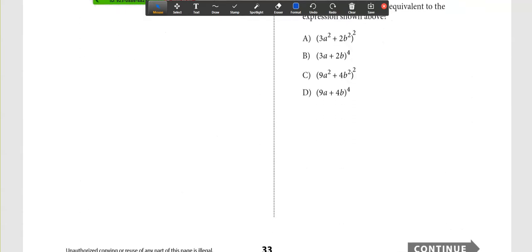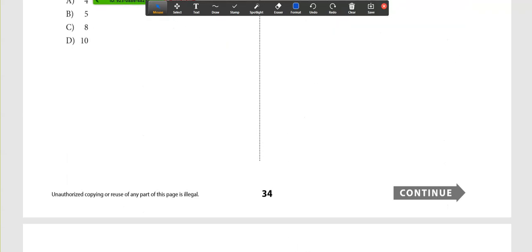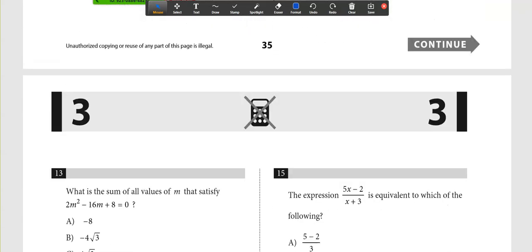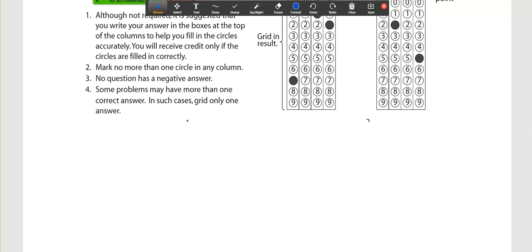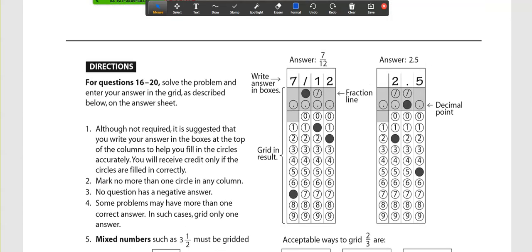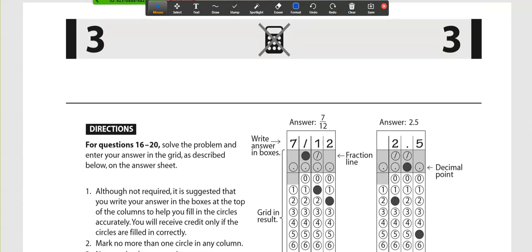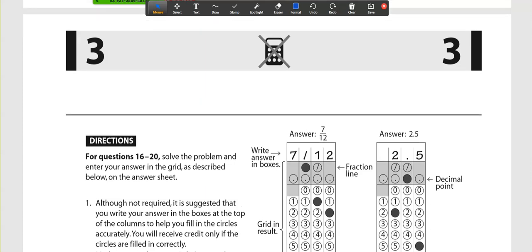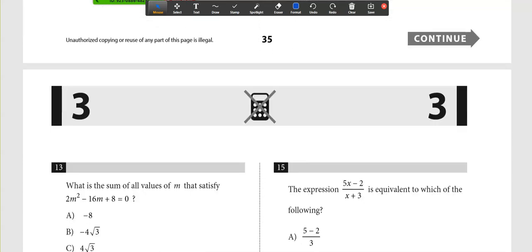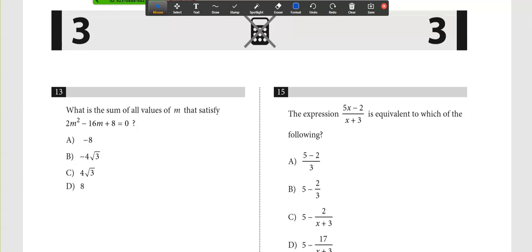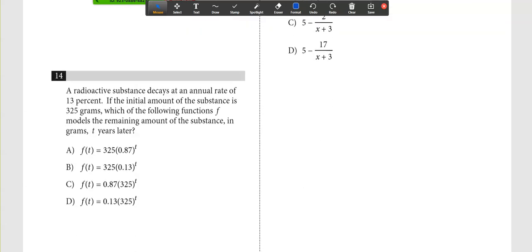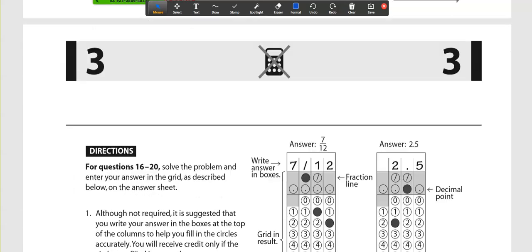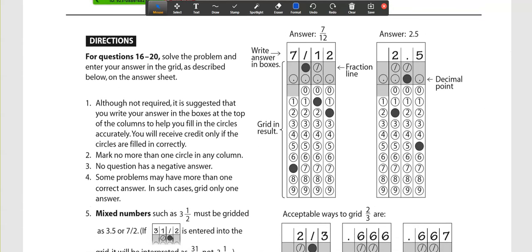Obviously, we've got multiple choice questions that we're going to go through. And eventually we get to non-multiple choice questions. These multiple choice questions keep getting more and more difficult. But if you don't leave enough time, you won't get to the ones that are not multiple choice.